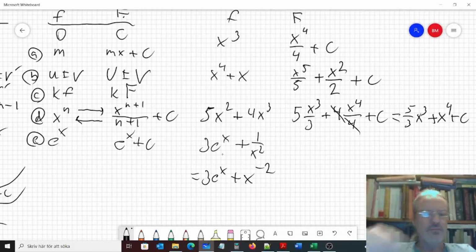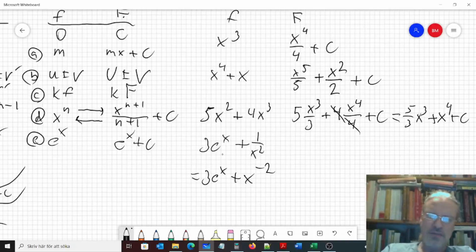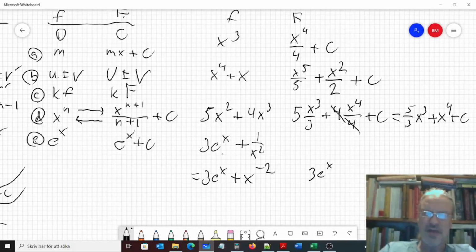Okay, so now we can use rule B, which means that we can take the antiderivative separately. And for the first part, we can use rule C. And that means that we can keep the 3, and rule E will give us e to the power of x.